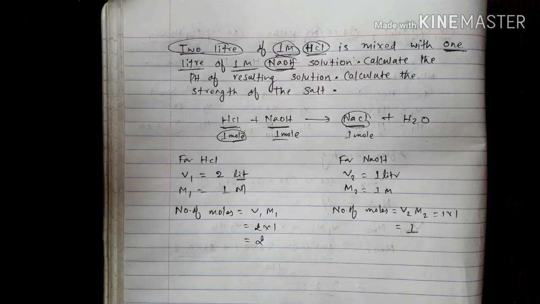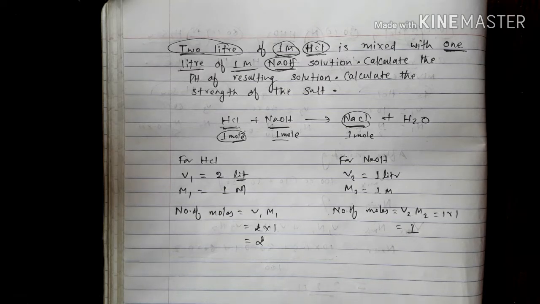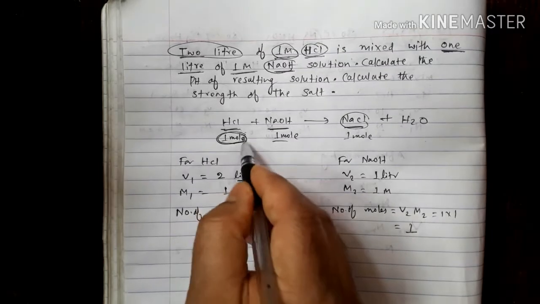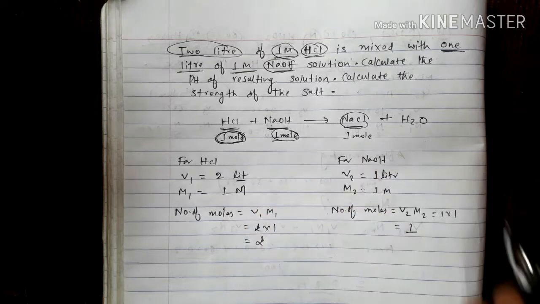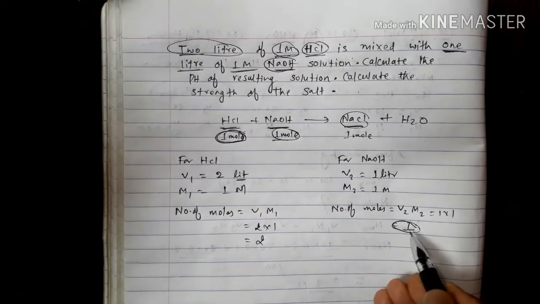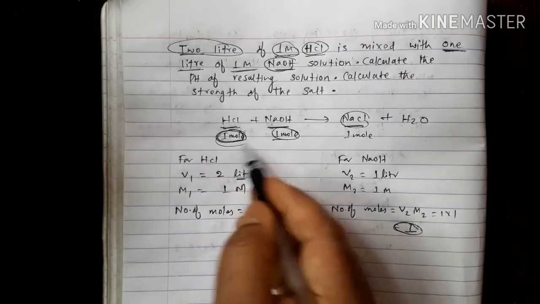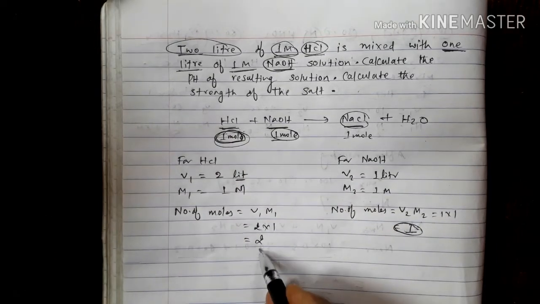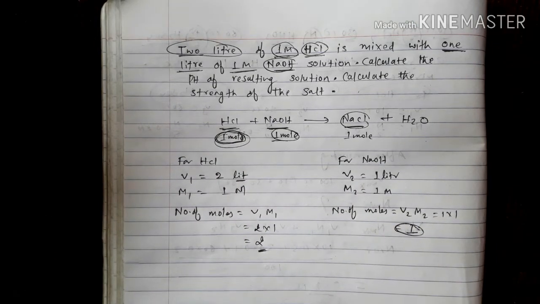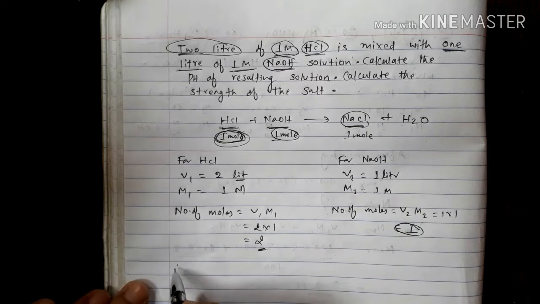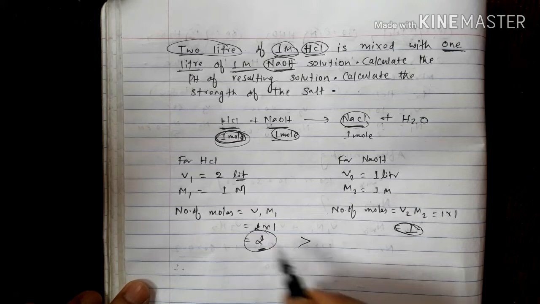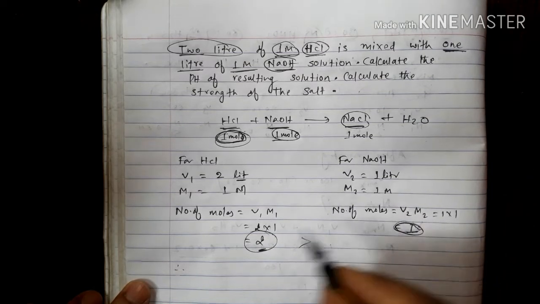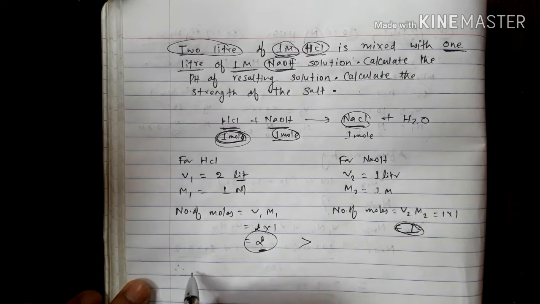It means 2 moles of HCl and 1 mole of NaOH are given. From this reaction, 1 mole of HCl neutralizes 1 mole of NaOH. 1 mole of NaOH is only neutralized by 1 mole of HCl, but you have been given 2 moles of HCl. Therefore, the number of moles of HCl is in excess of the number of moles of NaOH.